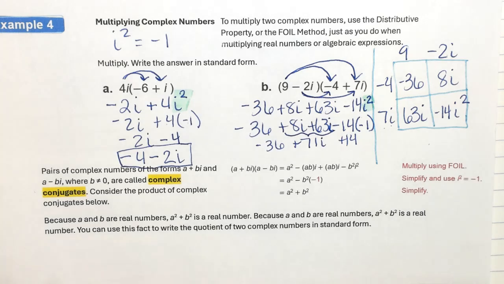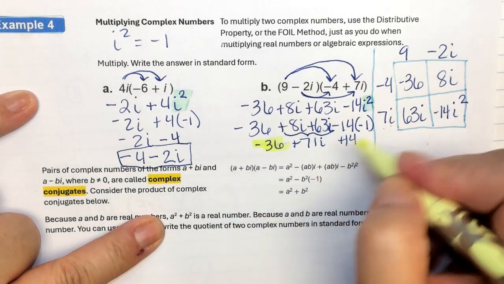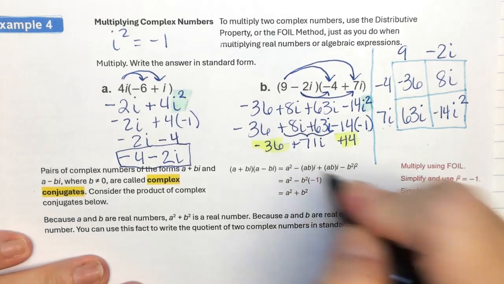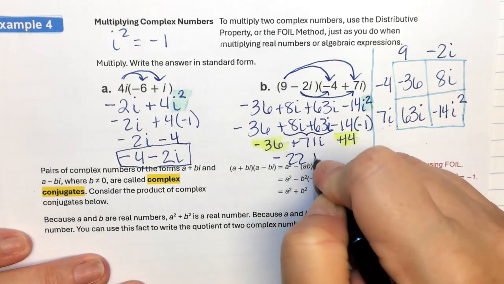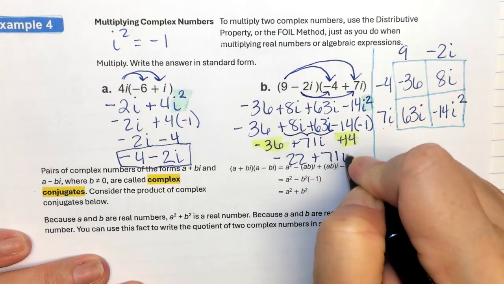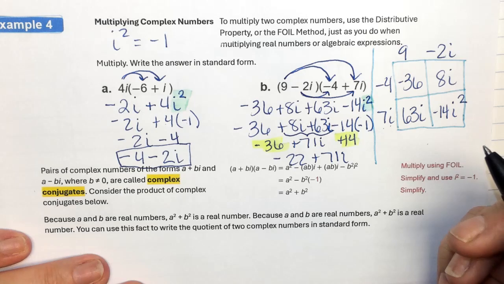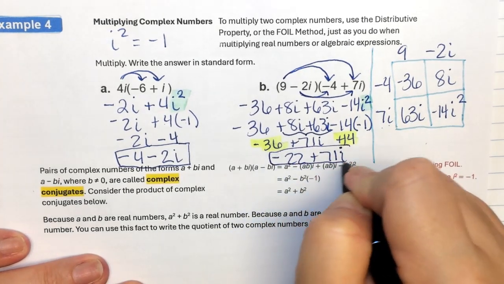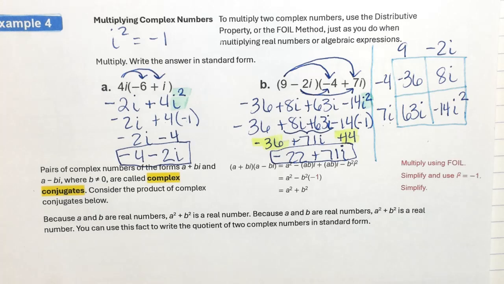So we can actually combine these two number parts together. So we can say -36 plus 14, and that would give us -22. So we got -22 plus 71i, and that would be our final answer. It is written in standard form.